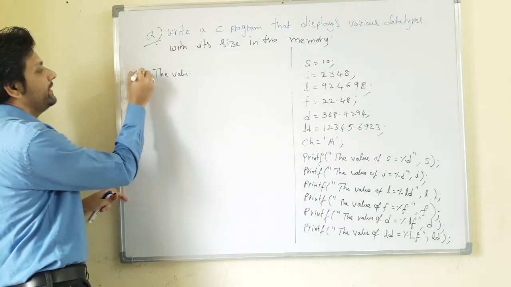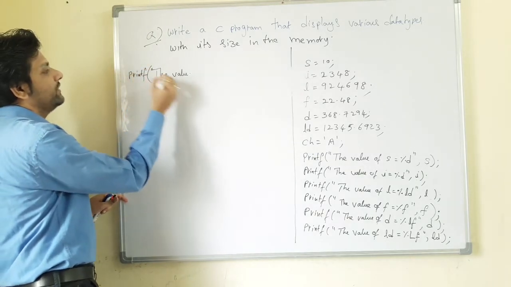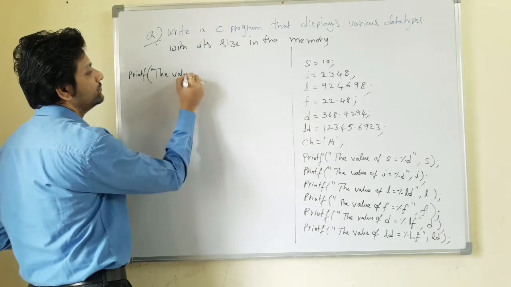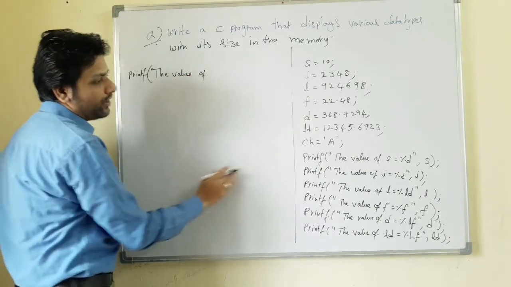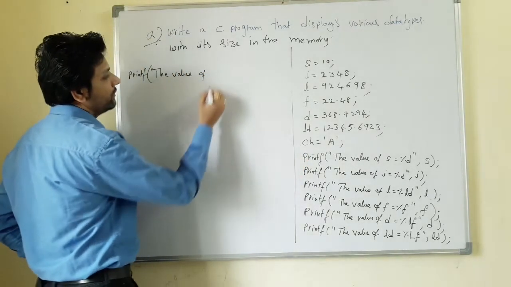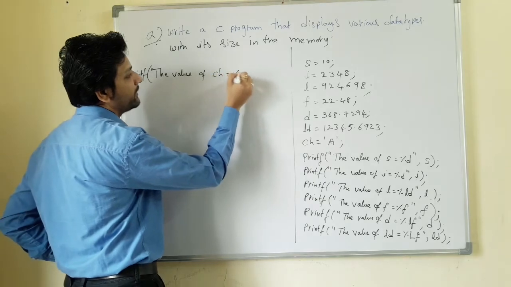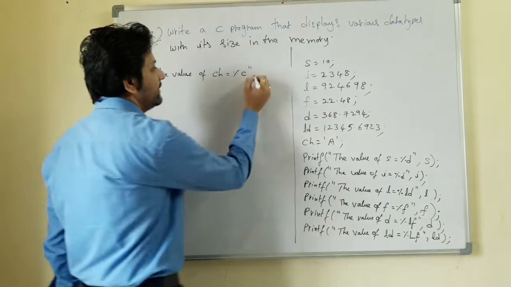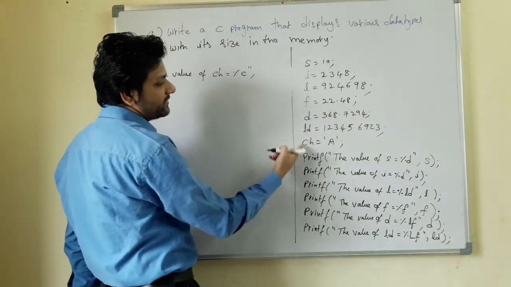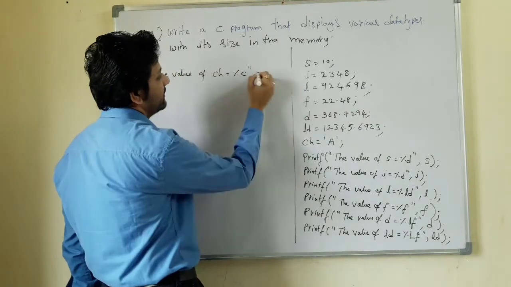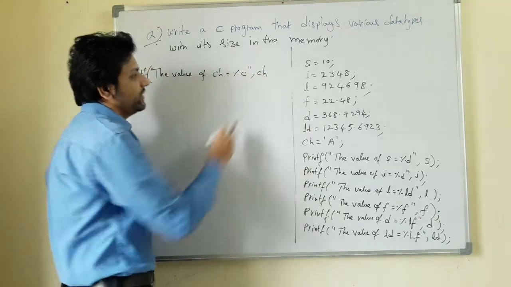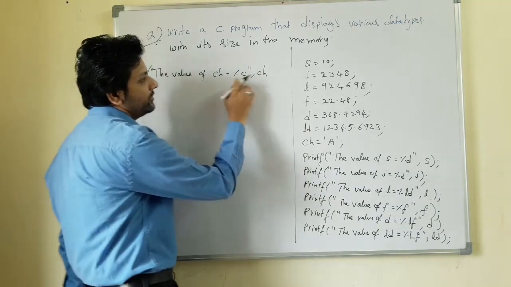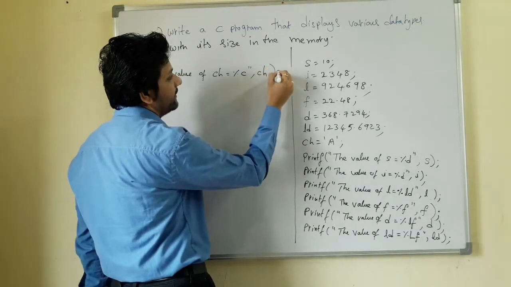Printf the value of the last variable, ch. So ch equals percentage C. Percentage C refers to character, comma, where is that? In ch. In which variable? In ch variable. The value in ch is going to be displayed here.